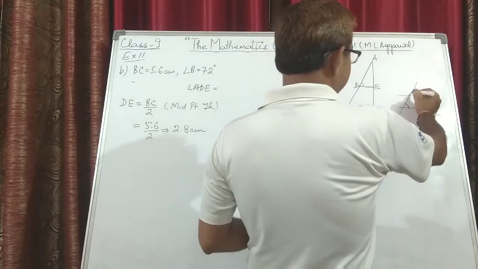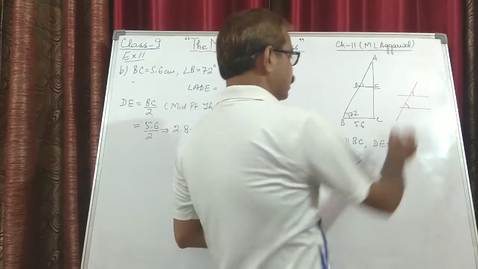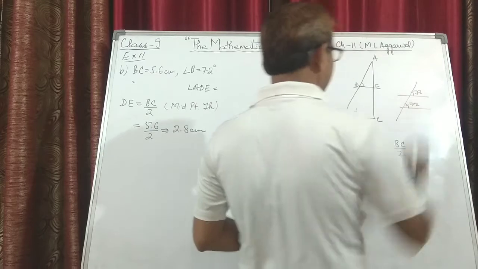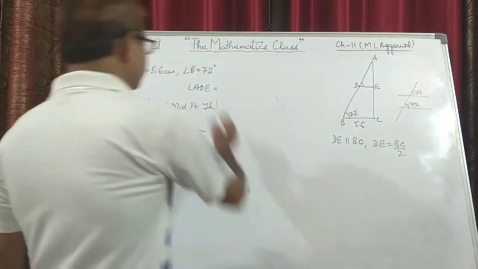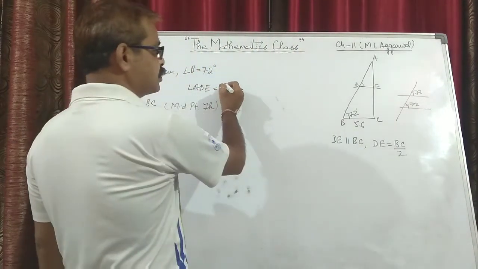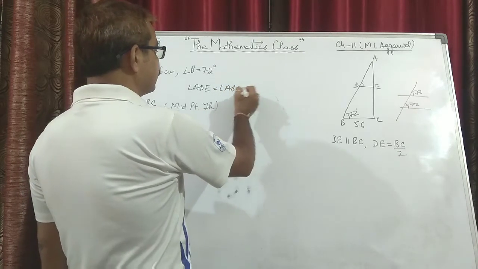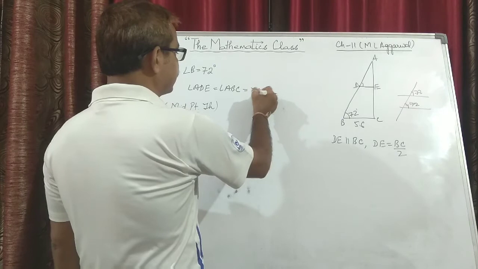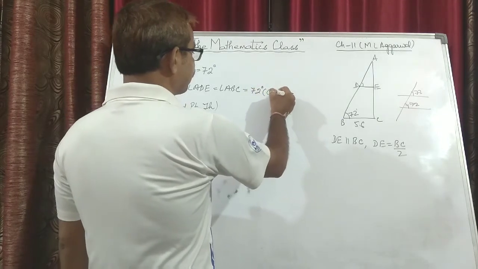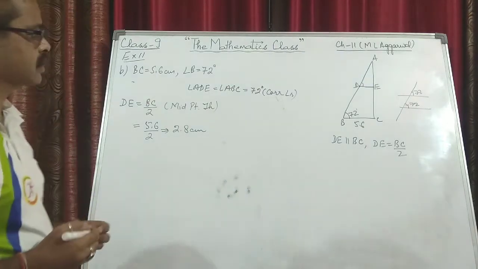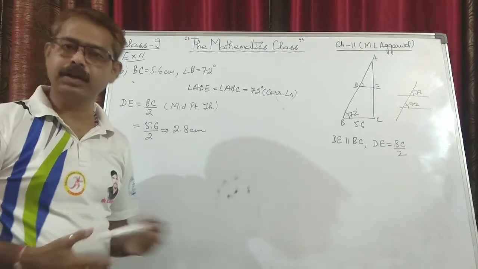So this angle and this angle are known as corresponding angles. This angle is 72, so this also will be 72 because they are corresponding angles. So we can say angle ADE is equal to angle ABC is equal to 72 degrees. Reason, corresponding angles. That is the final value. Now we move on to the third part.